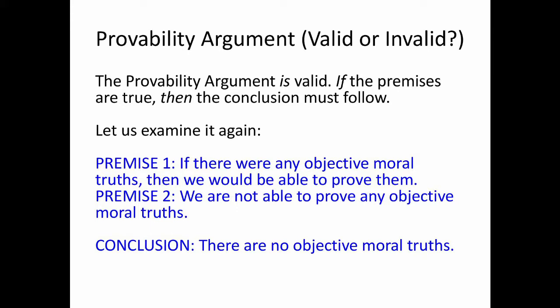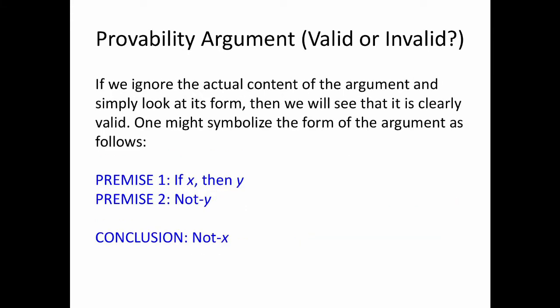Any argument of this form, if X, then Y; not Y; therefore, not X, is always valid, no matter what you plug in for X or Y. Premise 1 is if X, then Y. Premise 2, not Y. The conclusion, not X. Again, no matter what you plug in for X or Y, this is going to be a valid argument.